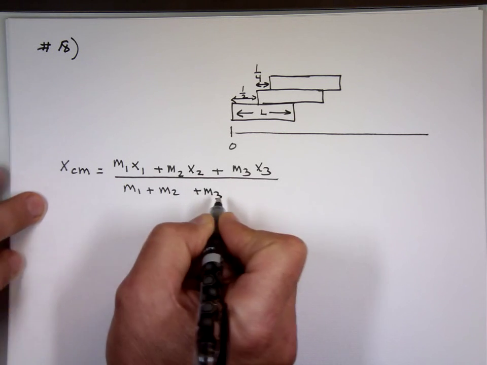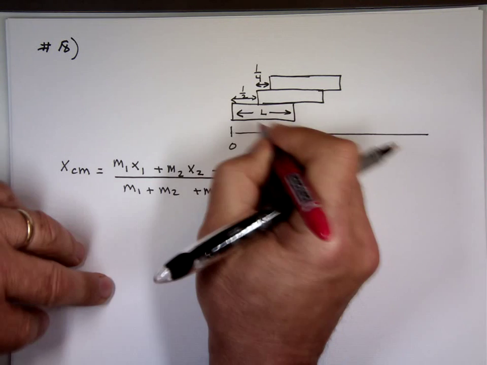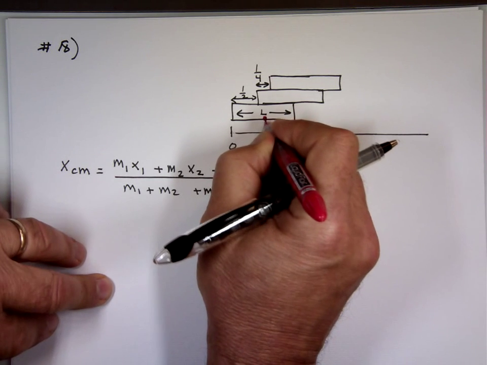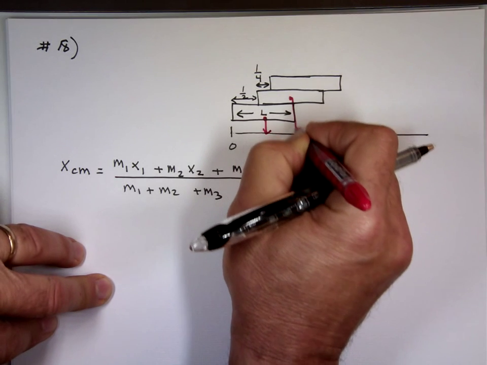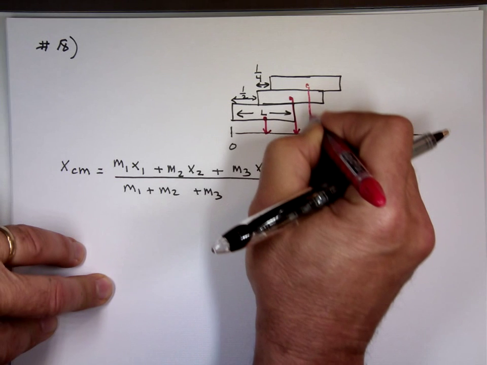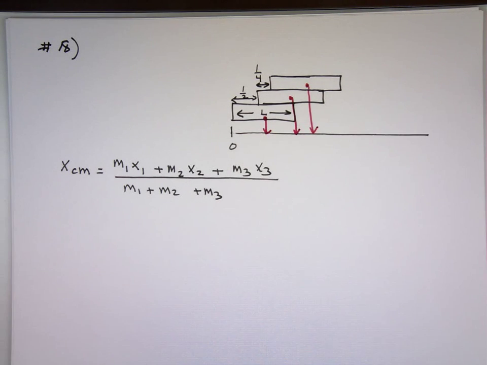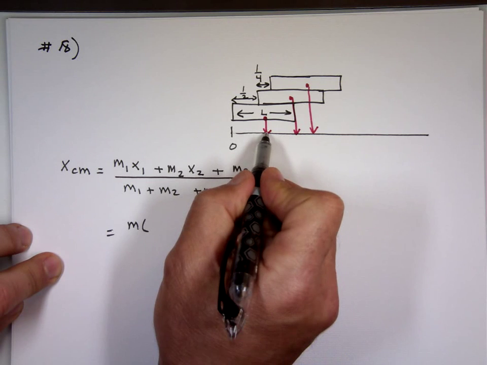Each one of these bricks is going to have a mass right in the middle of it. For this will be right there. For this will be right here. And for that it's going to be right here. So for the first one, since the mass is the same, it's going to be m times the distance from here to there. You can see it's half the brick.